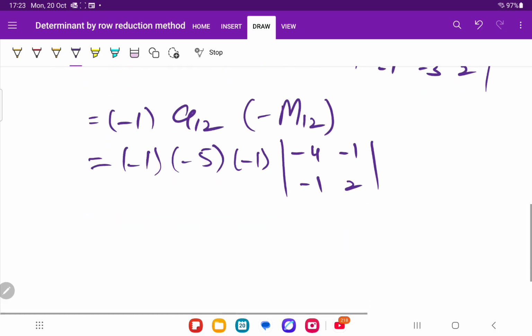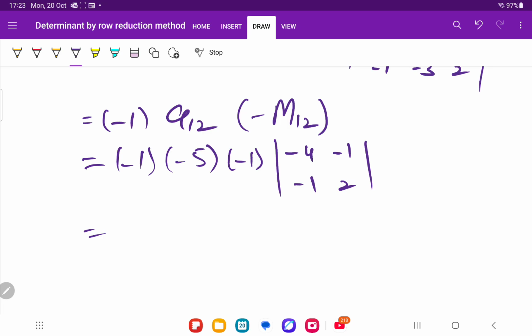So minus 1 multiplied by minus 5 and minus 5 multiplied by minus 1, so all together we are getting minus 5. And then minus 4 multiplied by 2, minus 8, minus 1 multiplied by minus 1, 1 with minus sign or plus sign?